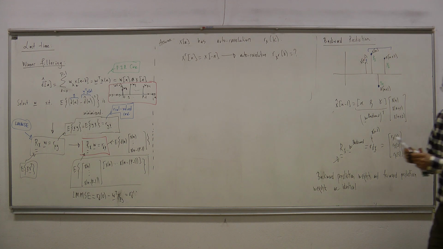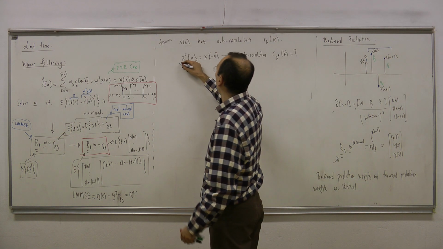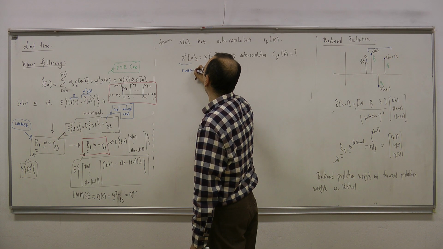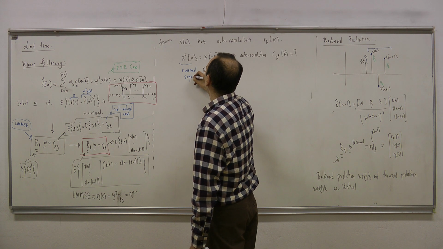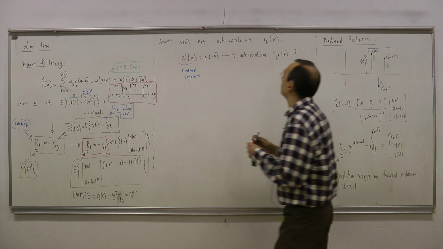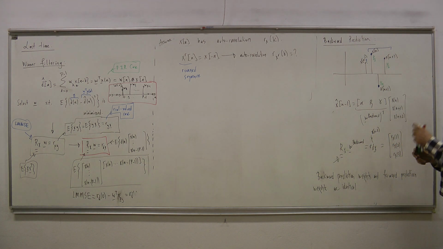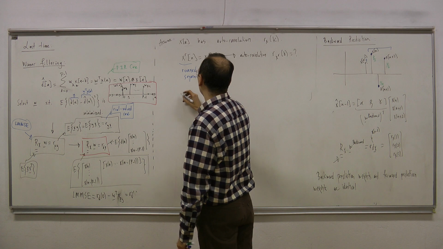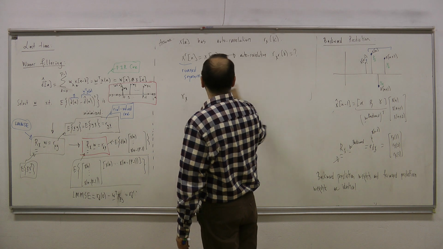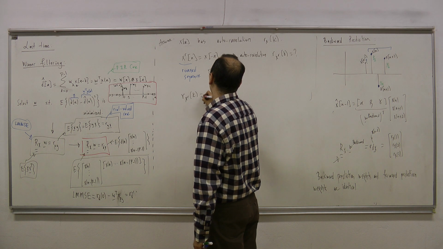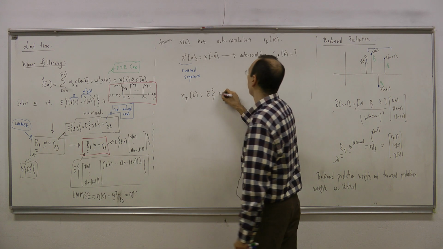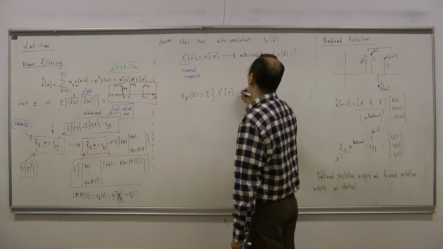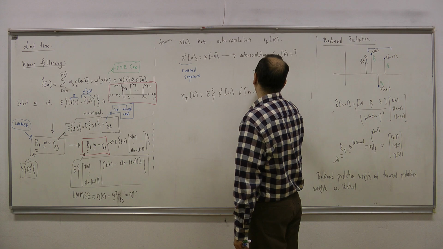So this is the sequence reversed in time. So this is a random process. I'm applying this time reversal. Well, just apply the definition. Rx reversed of k is expected value of x reverse n, x reverse n minus k.